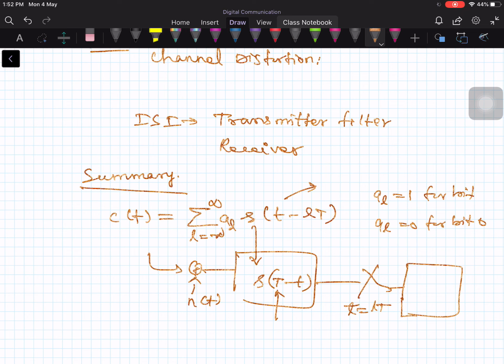How much it varies depends on the variance of the noise. Therefore you put a polarity detector here, and if it is positive decide 1, and if it is negative you decide 0. In fact one can show that this type of demodulator is optimum from the probability of error point of view in Gaussian noise.